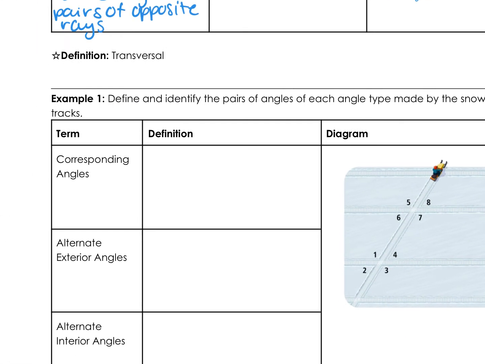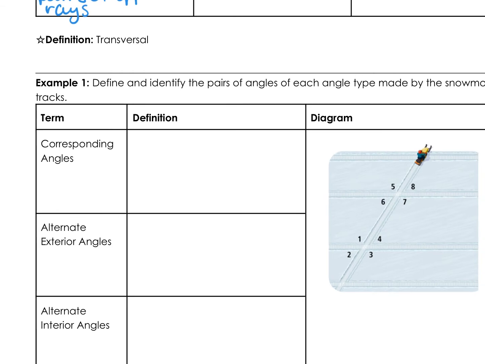Chapter 2 is about... so we've got a new vocab word. It's called a transversal, and we're going to be using this for the rest of geometry.